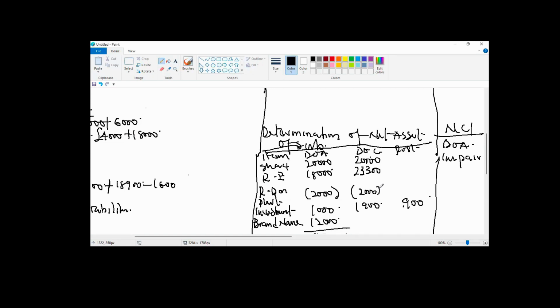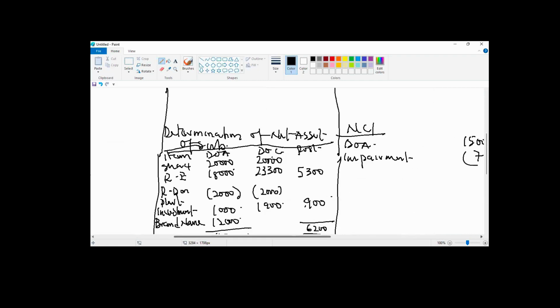5-3, plus 900. That is 6-2. 6-2 will be shared between the parent and NCI.